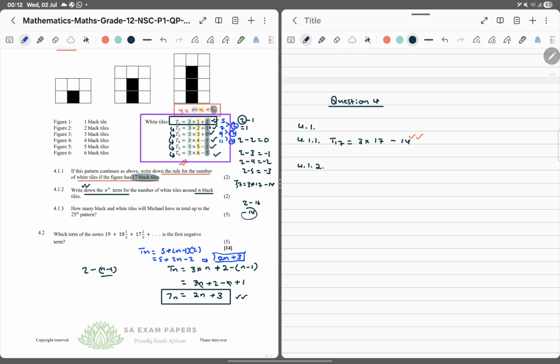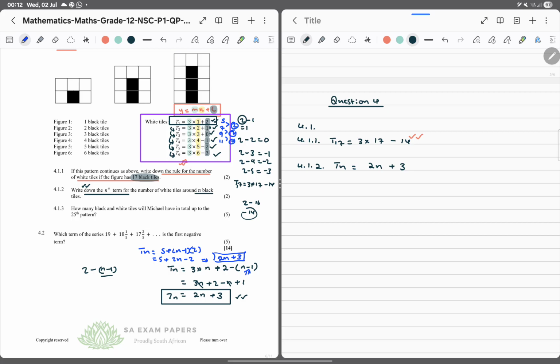So however the student does it, we can use the rule by understanding this portion, or we can just work it out nicely and use our arithmetic formulas. So Tn is basically going to be 2n plus 3.